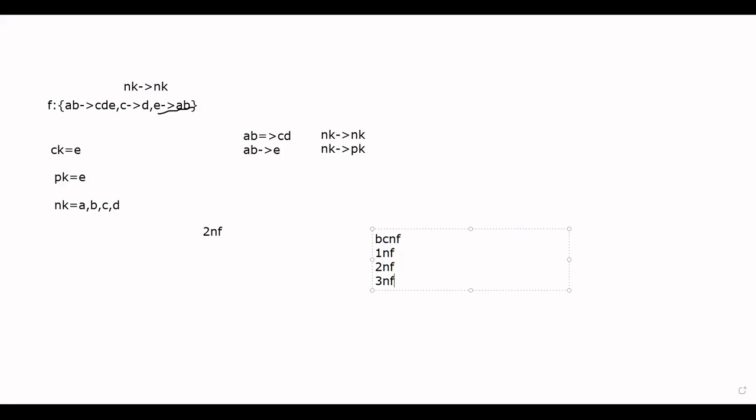The answer is 2NF. How? Because for this question, there is no partial dependency. For C to D, there is no partial dependency. For E, the left hand side is a candidate key, so it is directly in BCNF. That means it is 2NF also. So the answer is 2NF. 3NF and 4NF I can't say because I have not explained them yet. The correct answer over here is 2NF only.